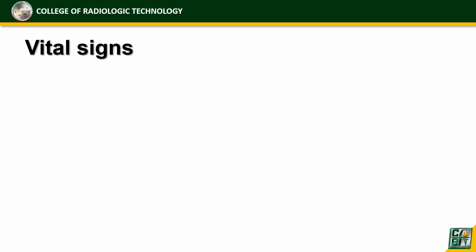So these are the vital signs. Vital signs have the abbreviation VS, and it is important to the practice that we should know how to perform or how to take vital signs.